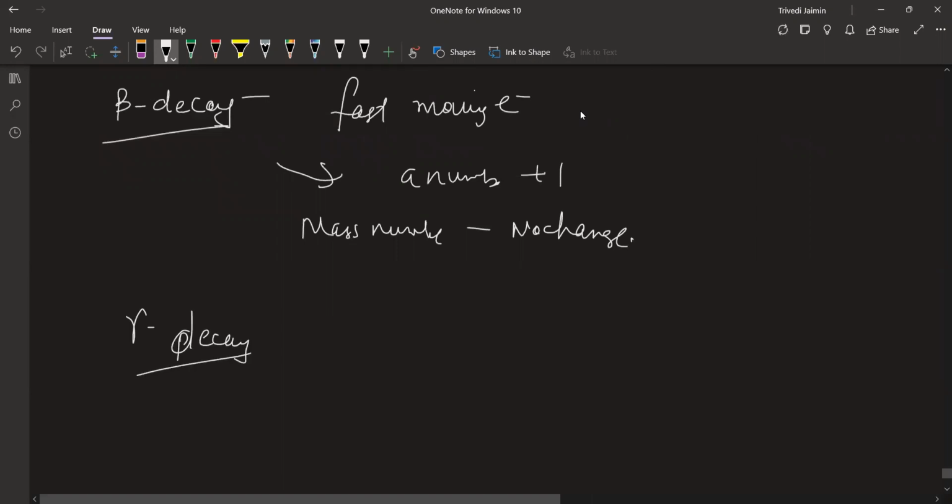Gamma decay: there is no change in any of these.